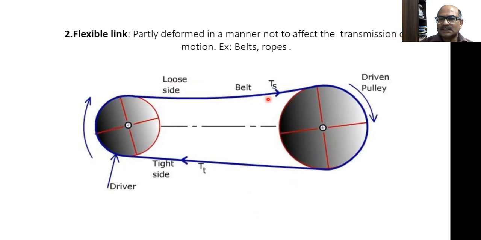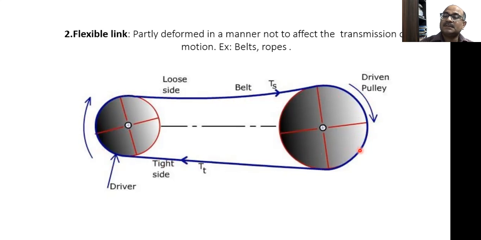So you can say this side is loose. The belt is available over here, and here it is circular. Here it's almost a straight line, the tight side. So it's straight, but again after moving this side, it is circular. You can see that the belt itself is taking deformation, but it is partial deformation.